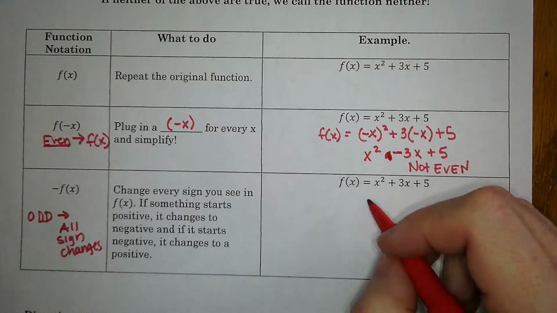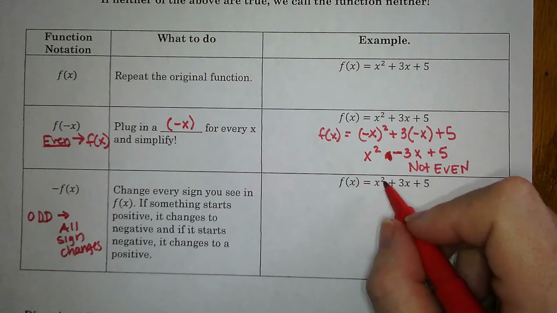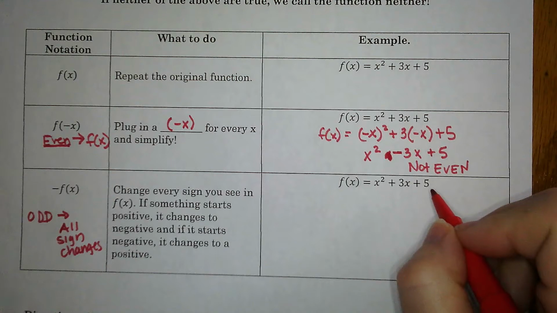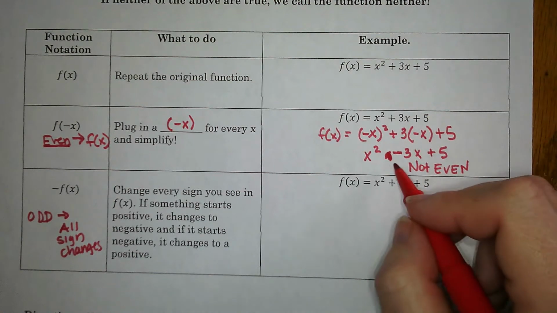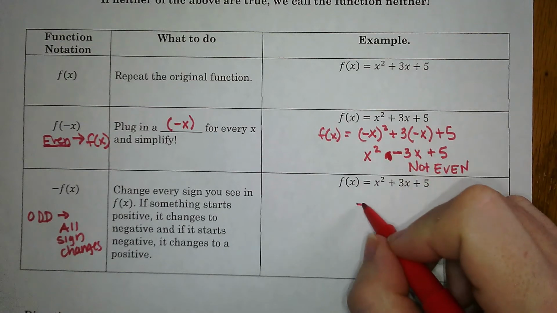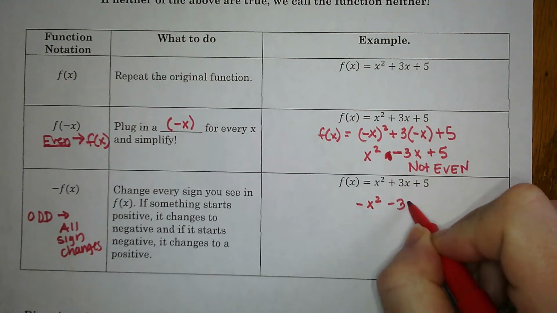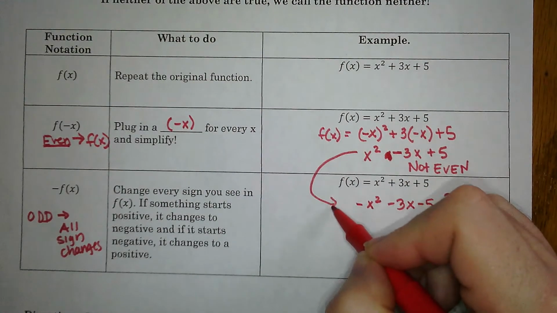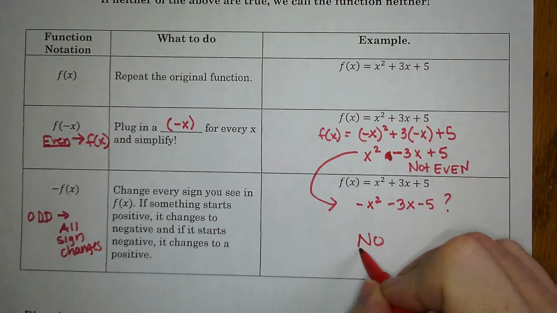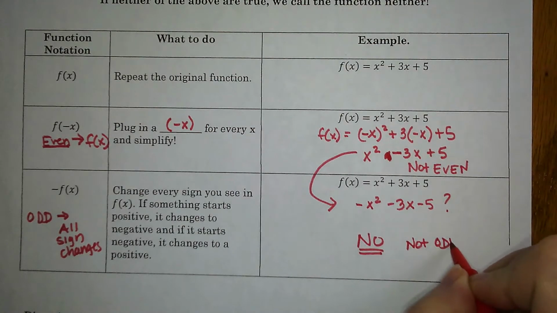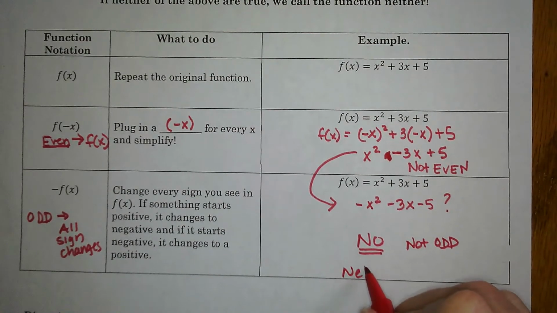So if we change all the signs, this should end up being a negative x squared, a negative 3x, and a negative 5. Is that what we got when we plugged it in? Did we get a negative x squared, a negative 3x, and a negative 5? No. So it's not odd, which means this is an example of neither.